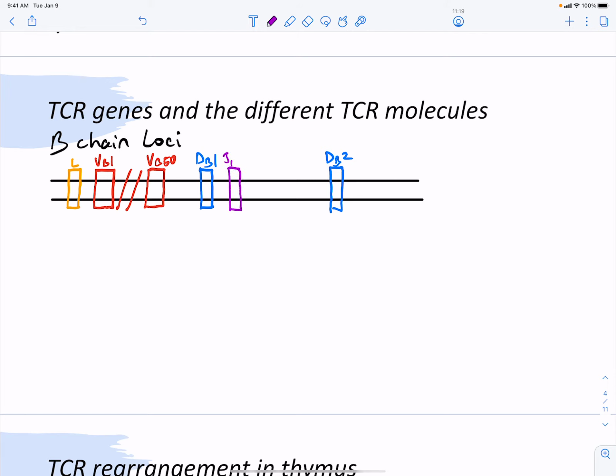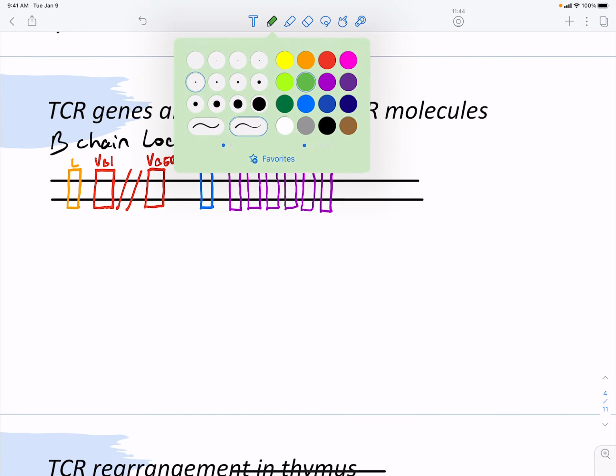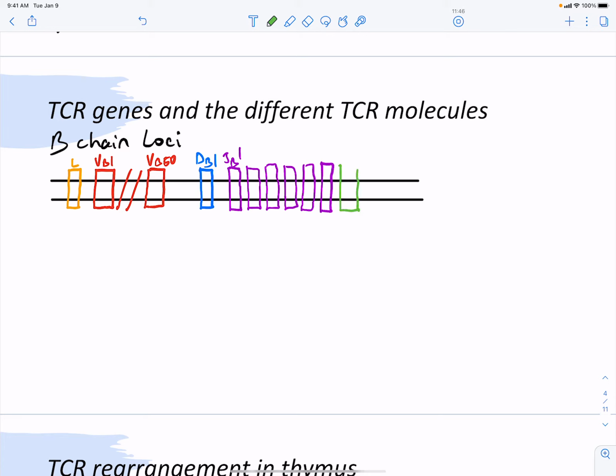So you have joining beta 1, and then you can have up to 6. And then after beta 2, I'm going to have to move beta 2. It's too close. We have 6 of these guys. And then we have our constant. And this is constant beta 1.